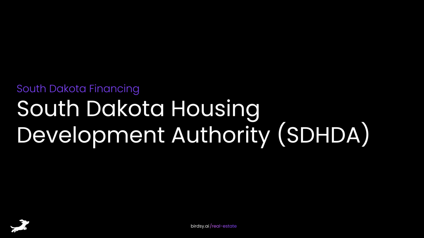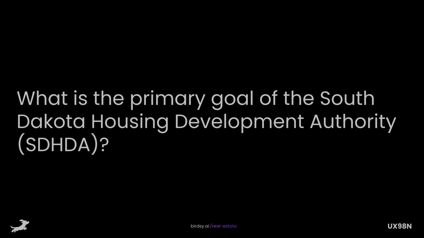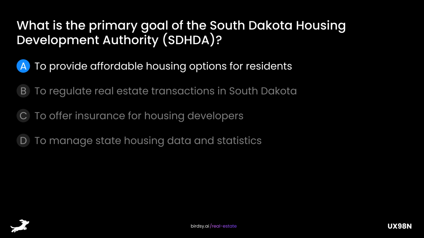South Dakota Housing Development Authority. What is the primary goal of the South Dakota Housing Development Authority? Is it A, to provide affordable housing options for residents? B, to regulate real estate transactions in South Dakota? C, to offer insurance for housing developers?